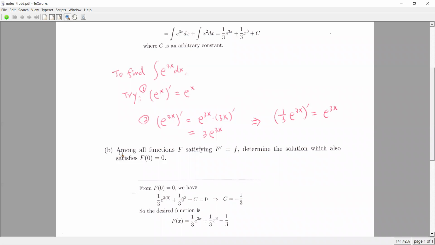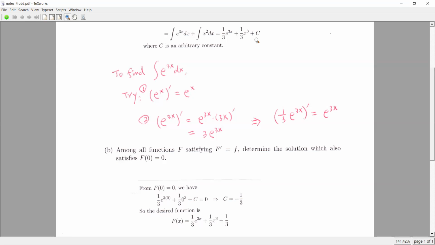Part B. Among all functions, capital F, satisfying this equation, determine the solution which also satisfies this condition. In part B, we need to determine the constant c so that this condition is true. Plug in 0 in the x here.